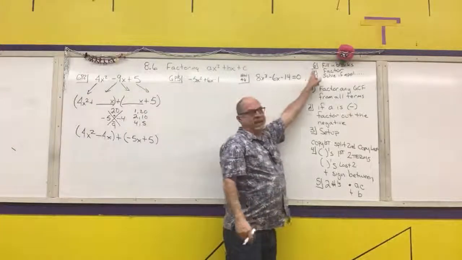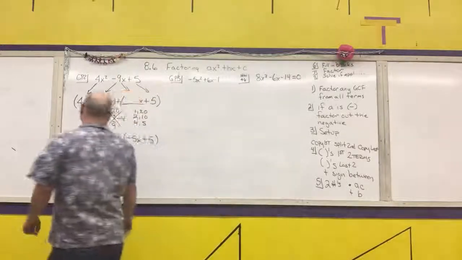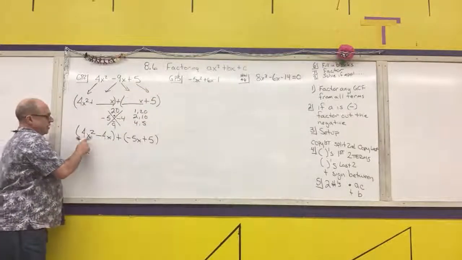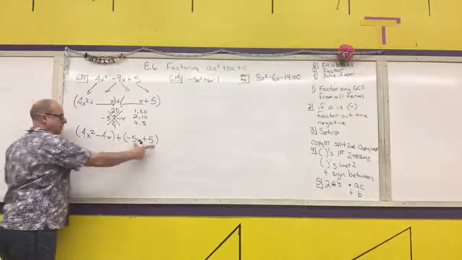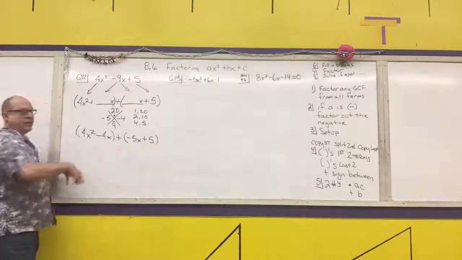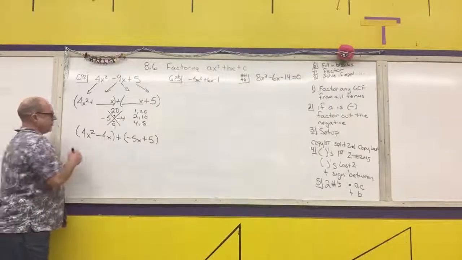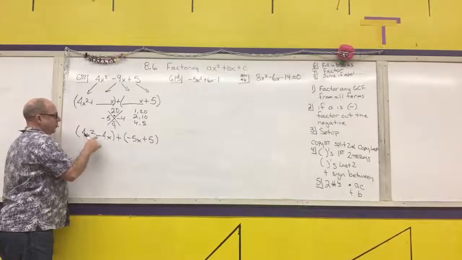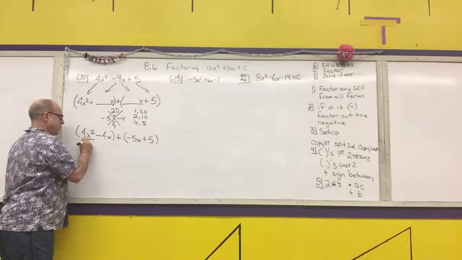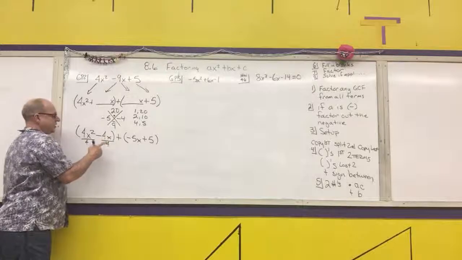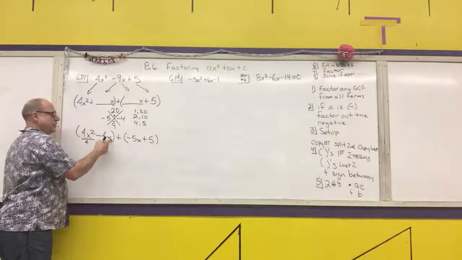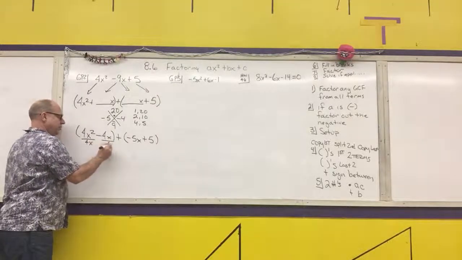Now I'm going to factor. I want to find the greatest common factor of the first group, greatest common factor of the last group, and then I'm going to end up doing some combinations. So greatest common factor between 4 and negative 4 is 4. Greatest common factor between x and x squared is the lowest power of x, which is just x to the first.